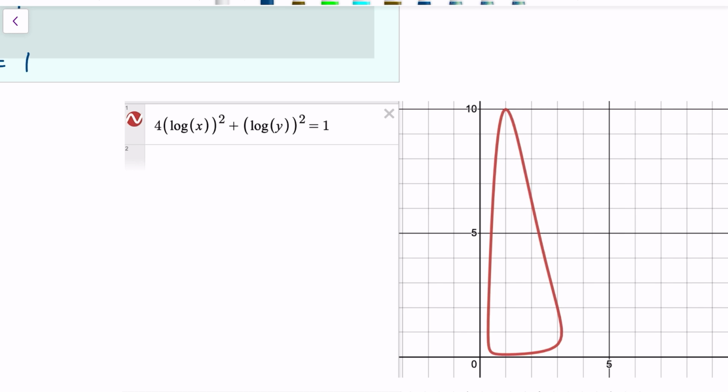But of course with Desmos we can just type it in as an implicit equation and there we go. The only thing is that I've used x instead of A and y instead of B so that it graphs it for us. And the question said the largest value of A. We can see that is this position here, and the square root of 10 is a number just a little bit bigger than 3. So graphically, that makes sense.